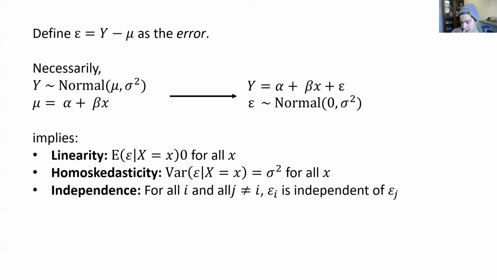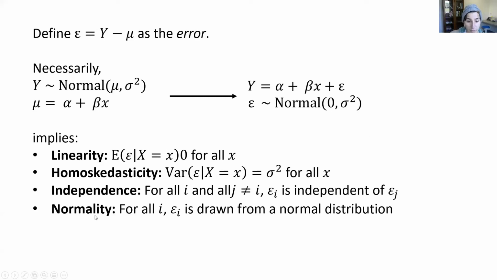Having information about the errors at one value of x or y doesn't tell you anything about the errors at other values of x or y. We always just expect them to be normally distributed, identically and independently, with mean 0 and variance sigma squared. And then we have the normality assumption, which is probably the most obvious one because it's written right here. We expect that the errors are normally distributed.